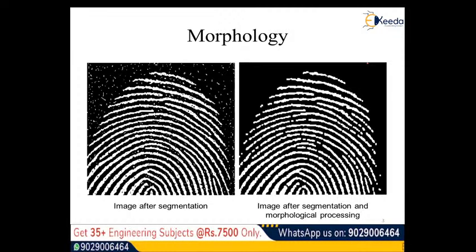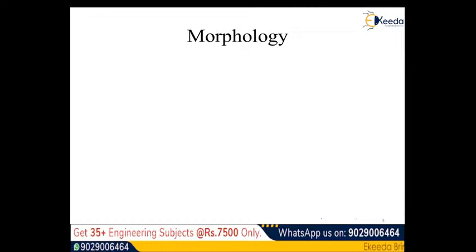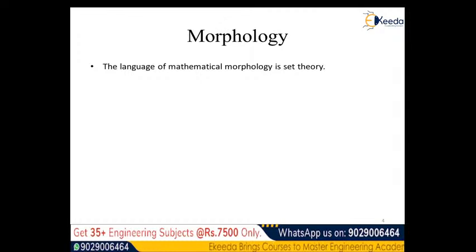Now coming back to the context with respect to the mathematical logic, because of the mathematical logic we are able to apply it onto the two-dimensional signal. So the language of mathematical morphology, which I hope all of you know from your school days or junior college days, is set theory. So the union of two sets or the intersection of two sets, various definitions and further operations we can do in set theory.